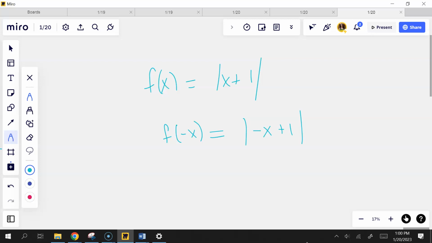I don't like when you do that negative one right here. So it's odd. It's not odd. I mean, it's absolute value of negative one.